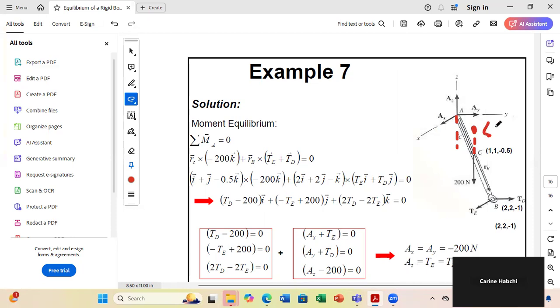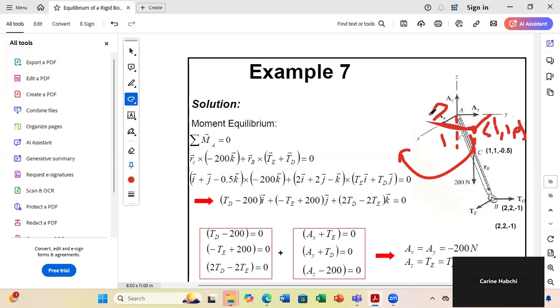This means that the distance from weight to x-axis is 1, and the distance from weight to y-axis is also 1. So when I want to do the moment, take your right hand. If you do the right-hand rule about x-axis, your thumb will point in negative direction.